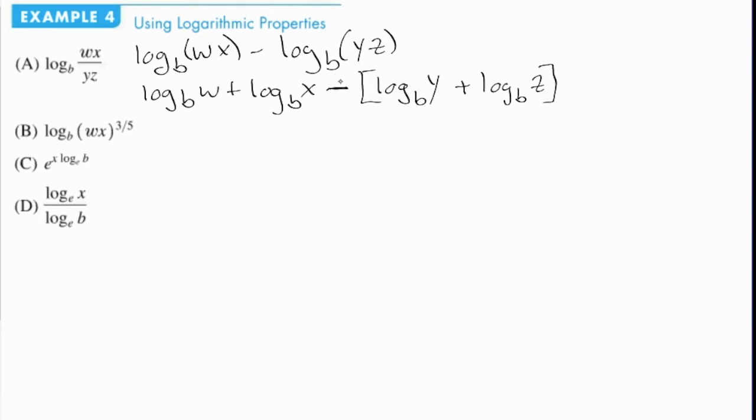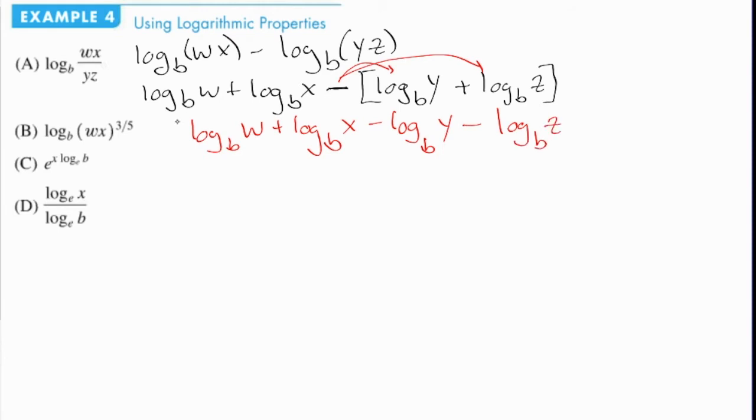And when you distribute that minus through here, you can simplify this to be log base b of w plus log base b of x minus log base b of y minus log base b of z. And that would be completely unpacked.